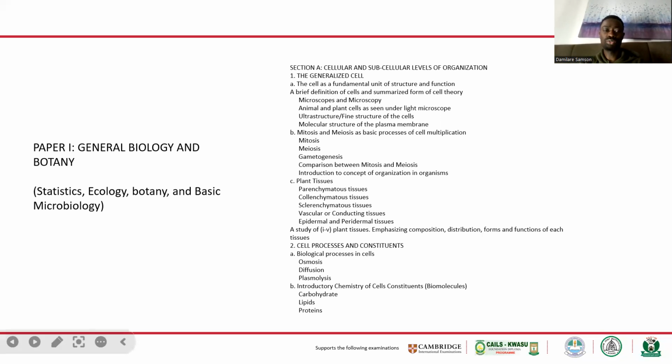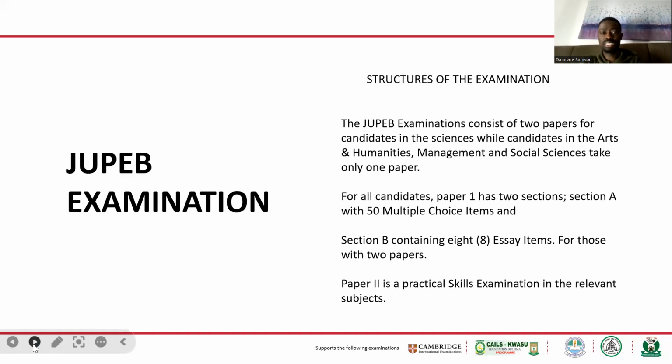And also moving to the next page, we'll be going to that of JUPEB. Like I said, I was supposed to do more breakdown, but I know you guys have your syllabus. So I just want to introduce you to what we have there, so you have the idea of how it's being run. Now, coming to the structure of the JUPEB examination.